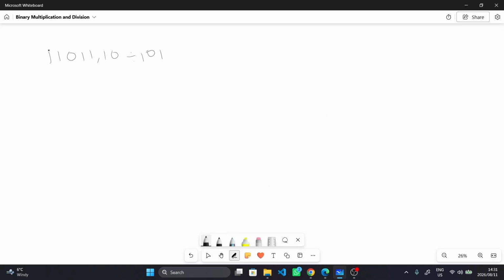And then if we check 11011.1, that in binary, well, you can do that, but that in decimal should be 27.5 and 101, sorry, not in binary, in decimal, 101 in binary should be 5.